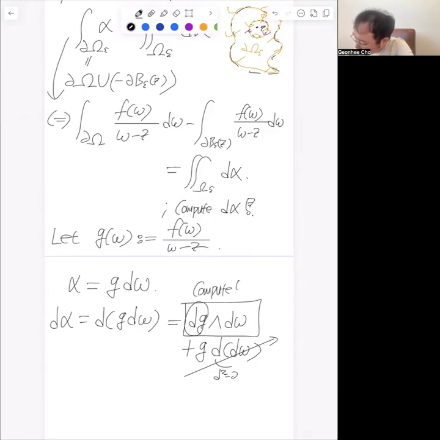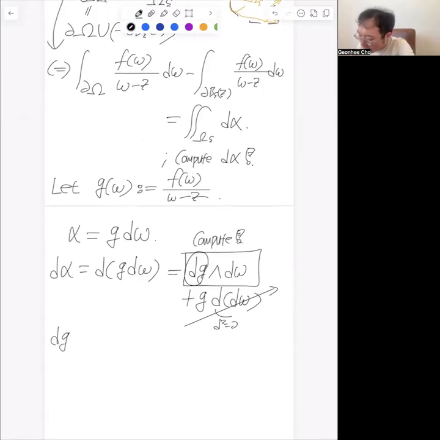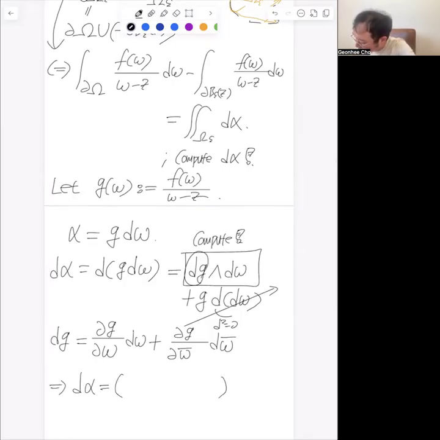So what is dg? Because now we have two input variables. One is omega for sure, but the other independent variable should be omega bar. So you should see that this is the same as partial g over partial omega d omega plus partial g over partial omega bar d omega bar. This is the expression. And if you now apply this to d alpha, then you should get this guy.